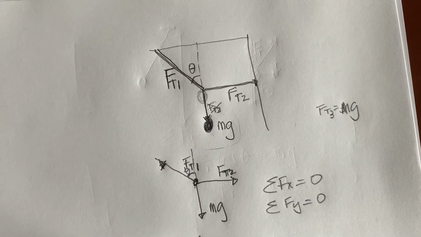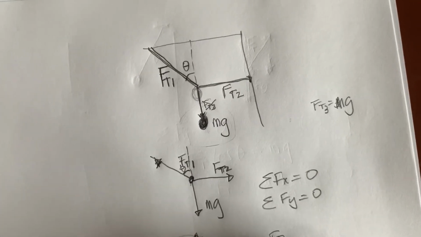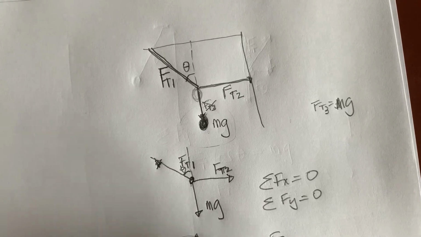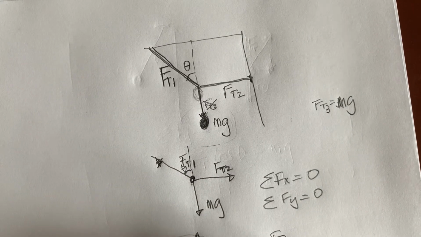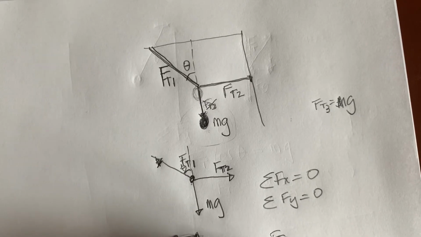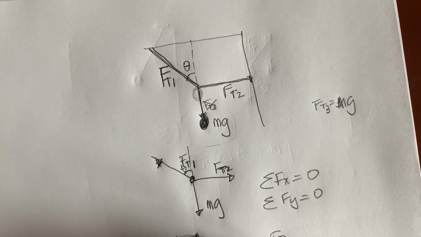The sum of the forces in the x direction, this is negative, so that'd be negative FT1. And then this component would just be the sine of the angle, because these are the two components, one pulling this way, one pulling that way.